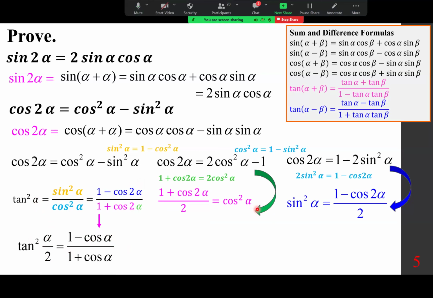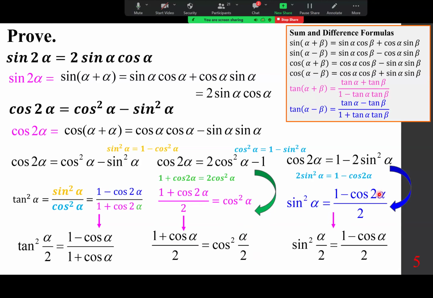This one, if I change this to alpha over 2, I change this to alpha. So cosine squared of alpha over 2 is 1 plus cosine alpha divided by 2. Same thing here. Sine squared of alpha over 2, this one becomes alpha. It's a very simple proof, everybody.